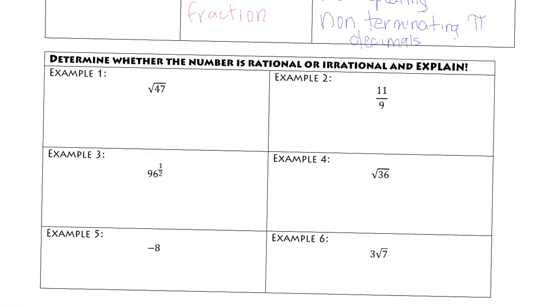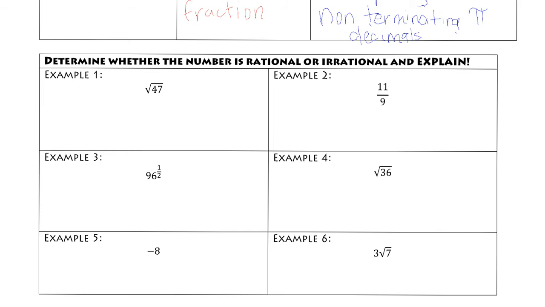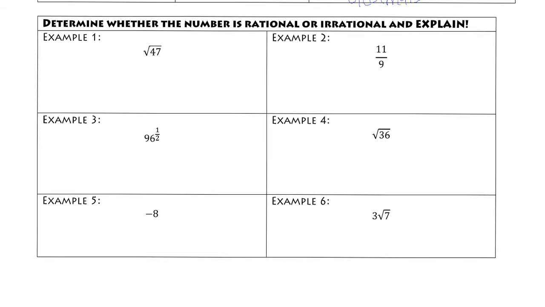So let's look at some examples. We want to determine whether the number is rational or irrational, and we need to explain. Example 1, square root of 47. So when I see square roots, I always want to try to simplify them, meaning I look for perfect squares. So for example, if I have square root of 9, that is the same thing as 3.